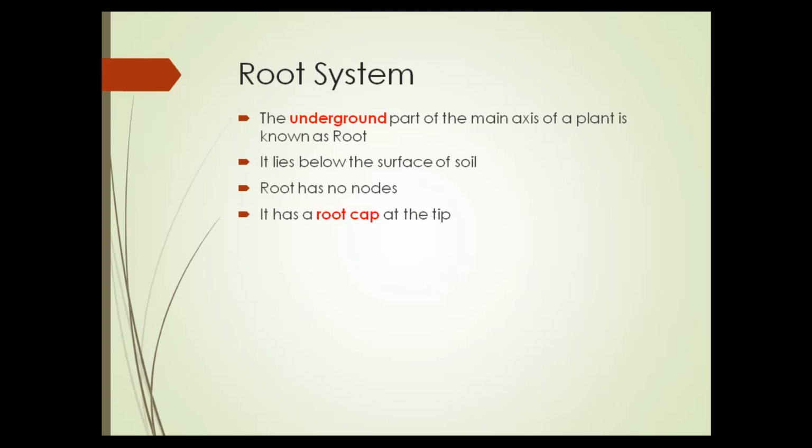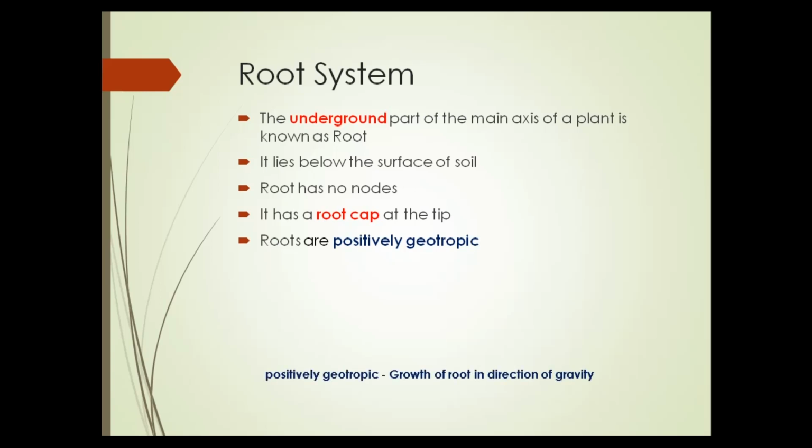However, it has a root cap at the tip of the root. Roots are positively geotropic. Now, what is positively geotropic? It means the growth of the root is in the direction of gravity. That is, the root goes downwards towards the earth.